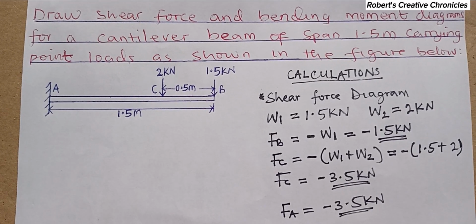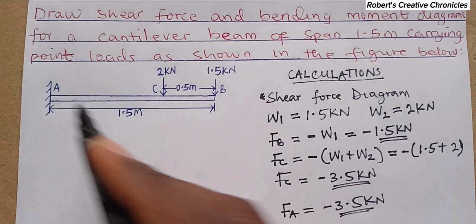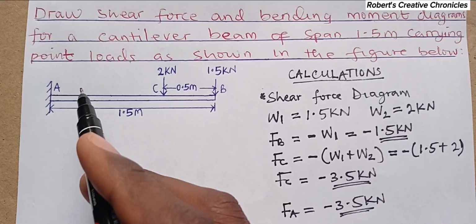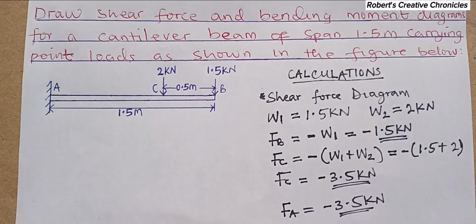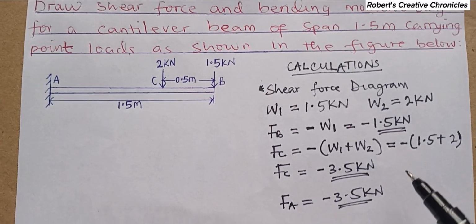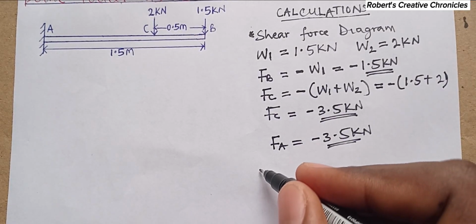So the magnitude of the shear force at point A is negative 3.5. This is the total force felt here. So we are done with the shear force calculation. Now the bending moment calculation.